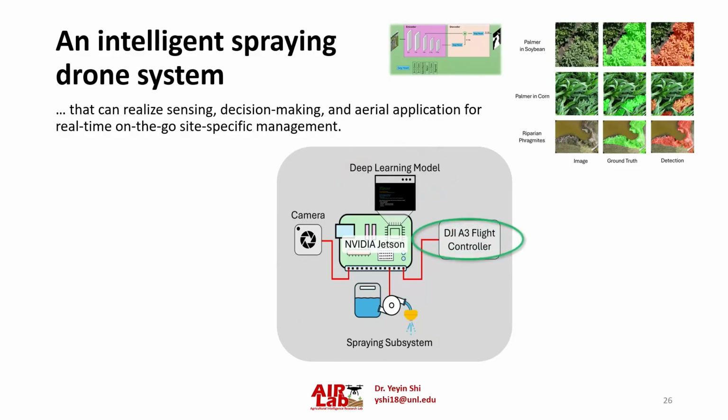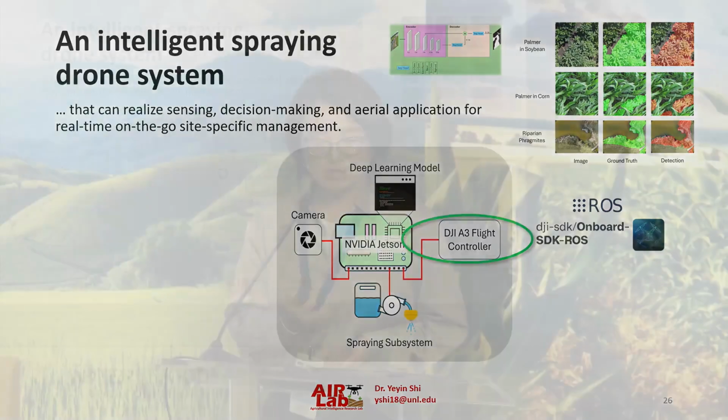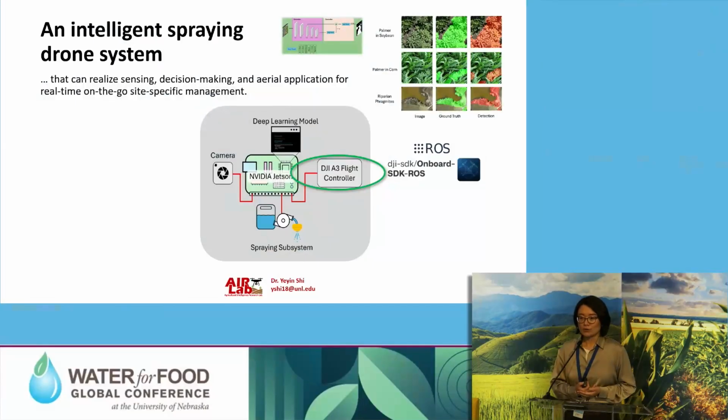Once the model detects there are weeds in the view, the Jetson computer will work with the drone flight controller to control the drones to either, say, change its path, or slow down, or maybe trigger the spray.